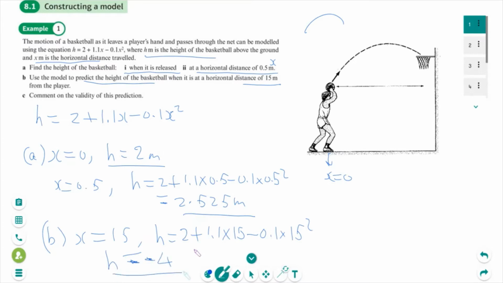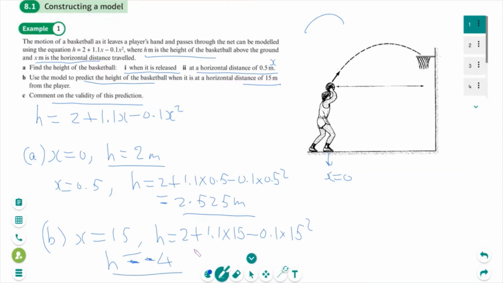Very weird answer. So they ask you to comment on the validity of this prediction. Obviously, according to the model, the ball will be 4 meters below the ground, which is not physically possible from the basketball games I've seen. So you give a reason.